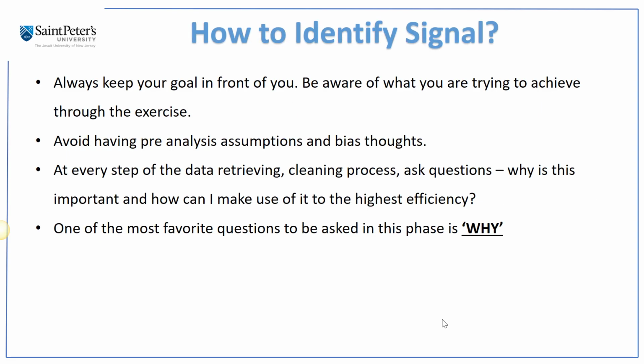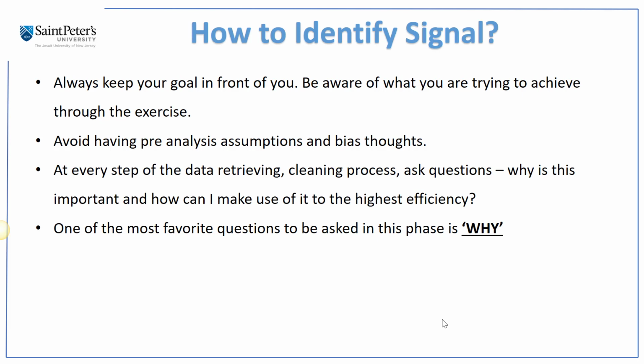So how do you identify a signal? Now this is important. Always keep your goal in front of you and be aware of what you're trying to achieve through the exercise. In our example, our goal was to study the product and how its performance was in the past quarters or maybe the past year.